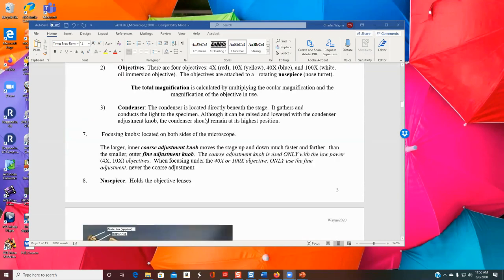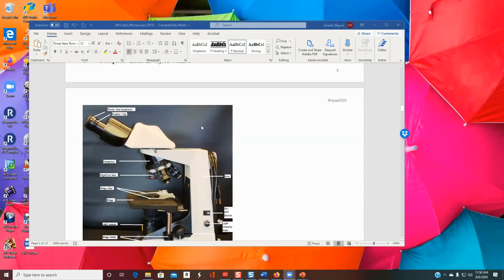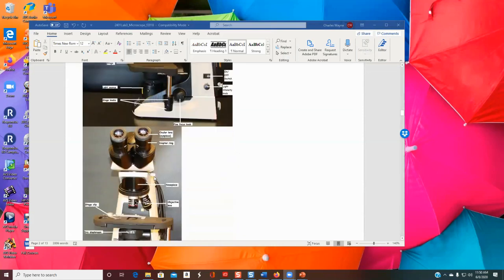Let's look at the real picture. I don't think you're going to be able to see it no matter how big I make the screen, but etched on every objective lens are 2 numbers. One is the power of the lens, and the other one, let's see if we have anything better.